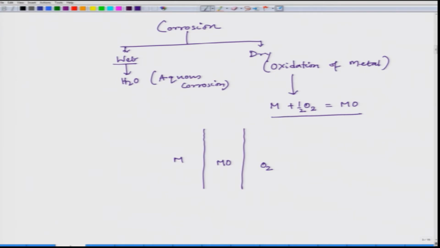Now, in the beginning, if we consider that there was nothing, so metal surface, we have M going to M2+, leaving 2 electrons. And if we consider half oxygen, that means 1 oxygen atom, it takes 2 electrons and forms O2-.